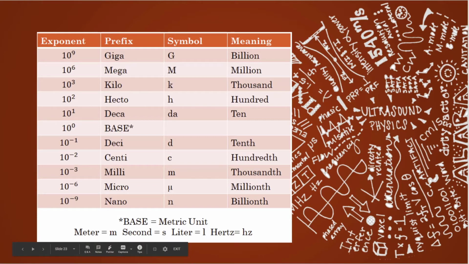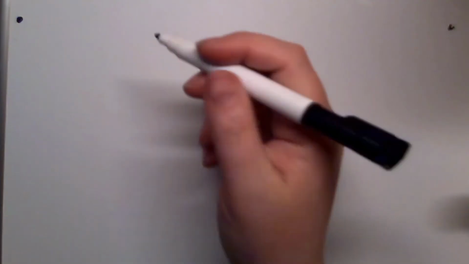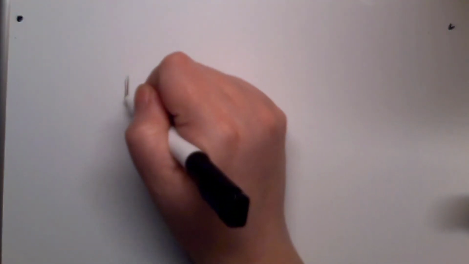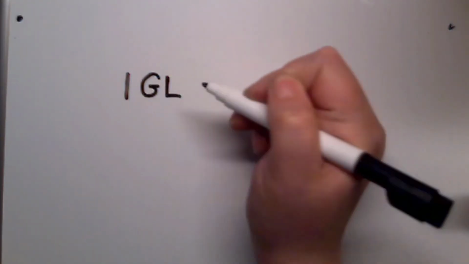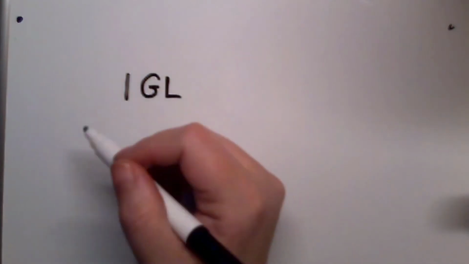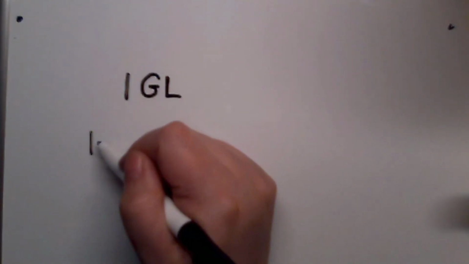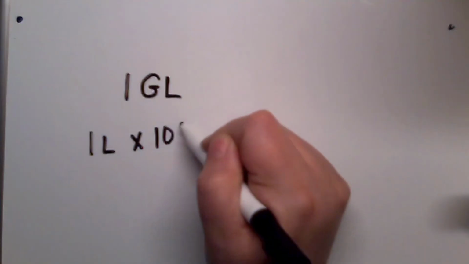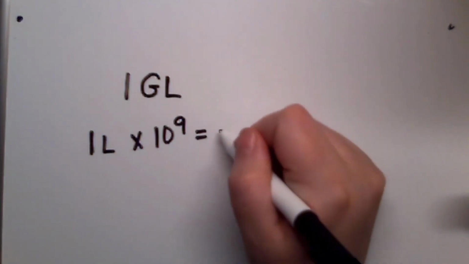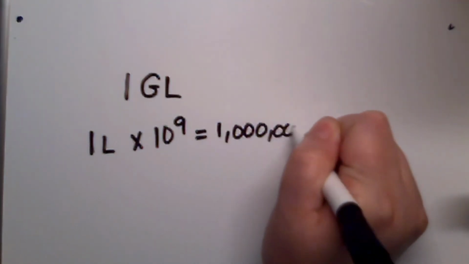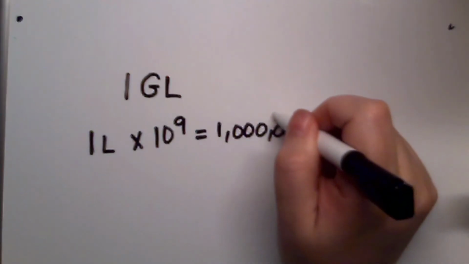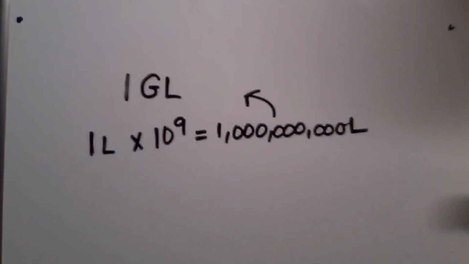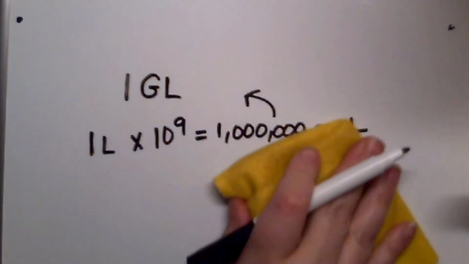For example, if we wanted to write down 1 gigaliter, and if we wanted to abbreviate it, that is the same as saying 1 liter times 10 to the 9th, or the same as saying 1 billion liters. So 1 billion liters equals 1 gigaliter. Being able to convert through this is going to be very helpful.